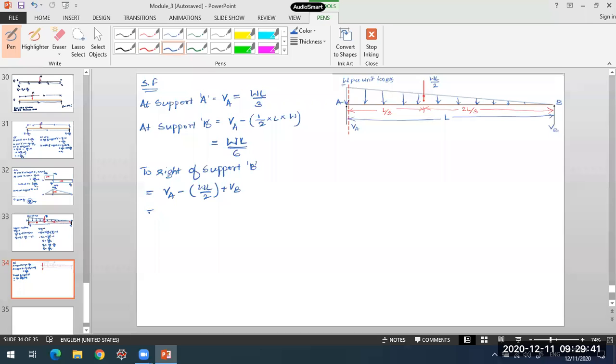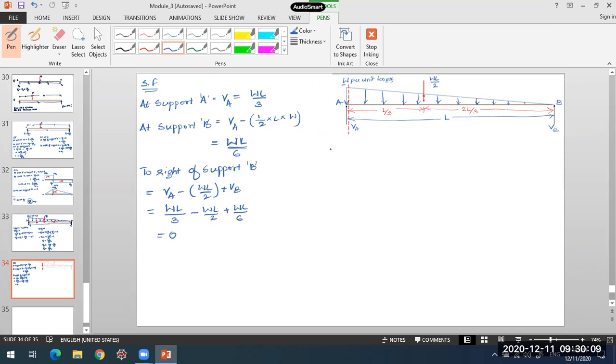Okay, so if you substitute the values, you'll get WL by 3 minus WL by 2 plus WL by 6 over here. So this ultimately comes to 0. These are the shear force values that we have.